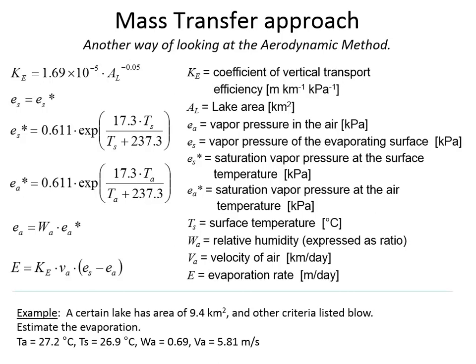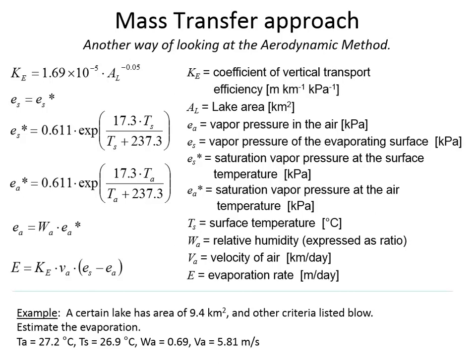Equation 7.5 relates the relative humidity, the saturation vapor pressure in the air, and the actual vapor pressure in the air. So E sub A tells us how much moisture actually is in the air in terms of its partial pressure, and it's a function of the relative humidity in the air and the saturation vapor pressure in the air.